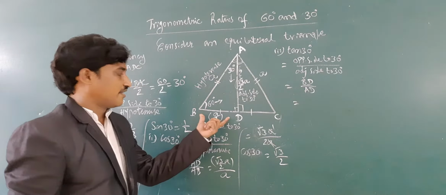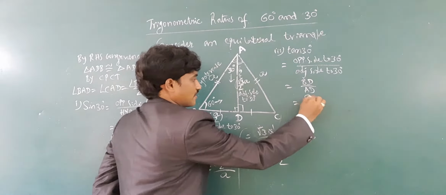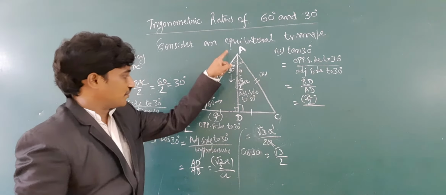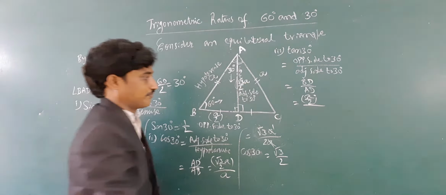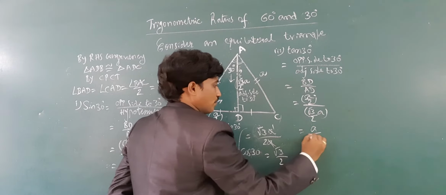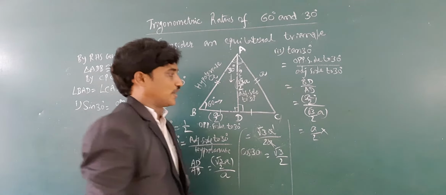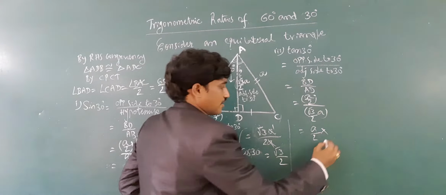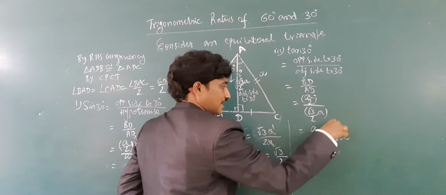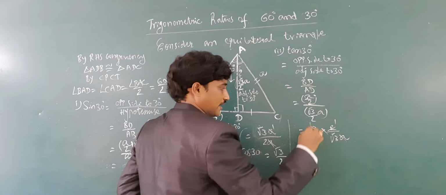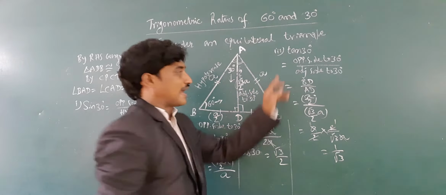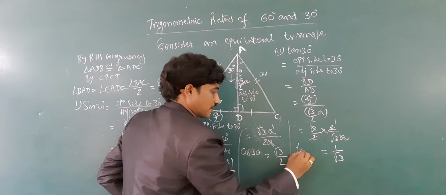BD length is A by 2 units, A by 2 by AD length is root 3 by 2 A. Next A by 2 into reciprocal of root 3 by 2 A is 2 by root 3 A. 2 into gets cancelled one time, A in A one time. So 1 into 1 by root 3. So tan 30 degree is 1 by root 3.